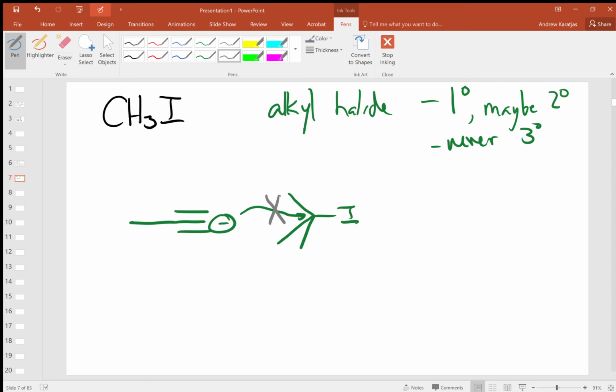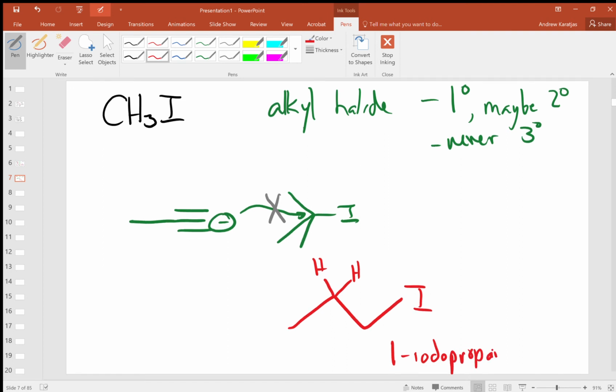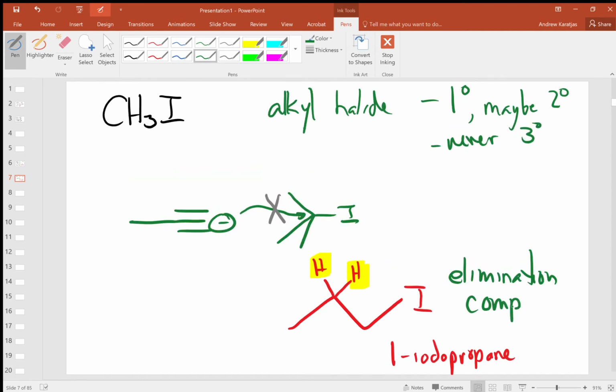The second thing we have to be careful of is whether there are any adjacent hydrogens to the leaving group. So here we have 1-iodopropane as our electrophile. But 1-iodopropane has 2 hydrogens that are on the carbon adjacent to the leaving group. And so that means, as we'll learn later on, that there is a second reaction known as elimination that will compete.